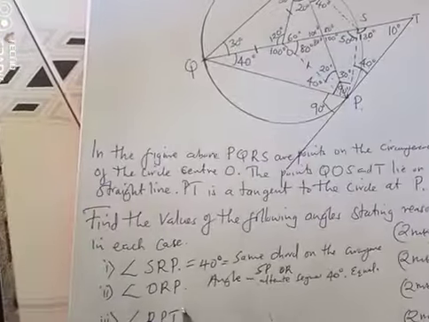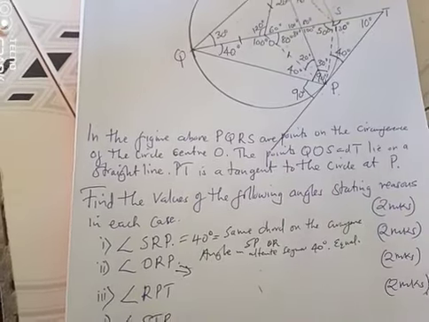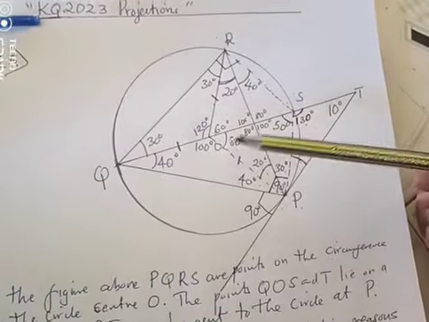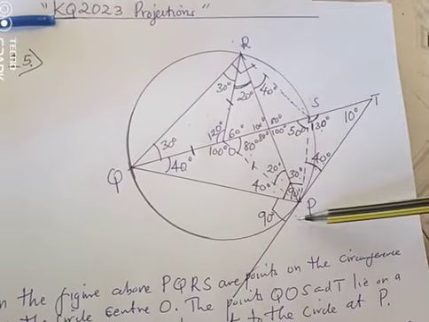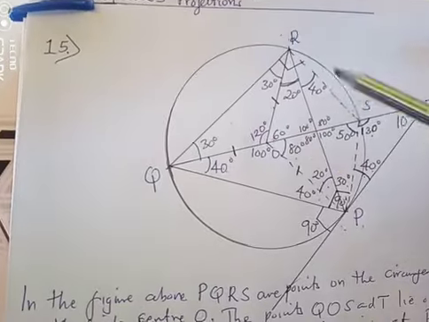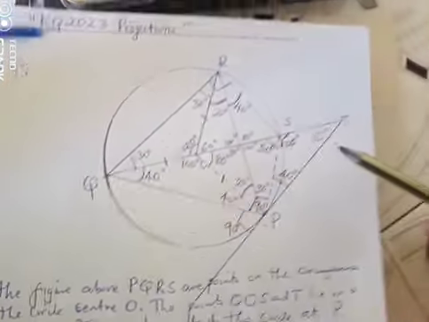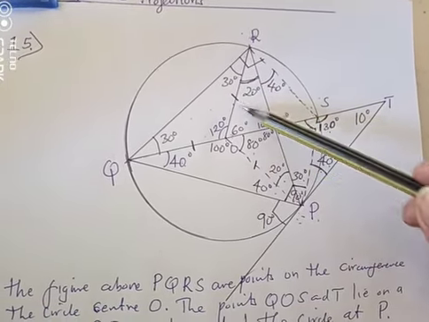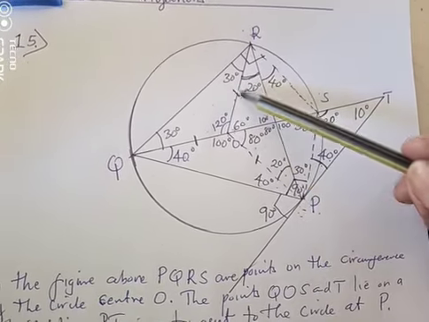Then our angle ORP, come to the diagram. ORP is 20 degrees. How did we come about? We got 20 by looking at the aspect of here being a radius, there being a radius.